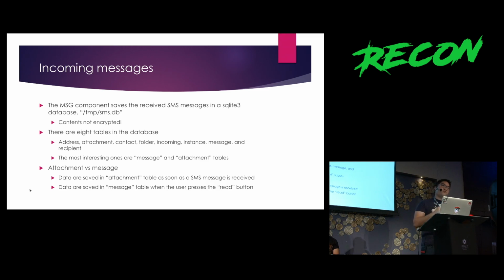The driver doesn't necessarily have to click on read to have the data saved in this table. Whereas for the message table, all the data is saved there only when the driver says, yes, I want to read a text message. And it's not just that text message. The message service will pull out the whole history of text messages and save that into this table.